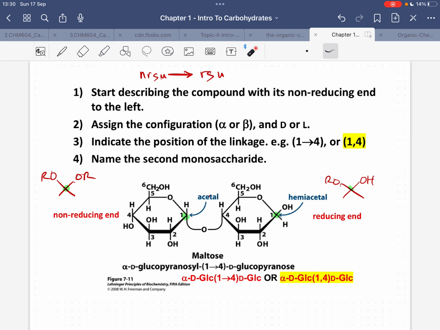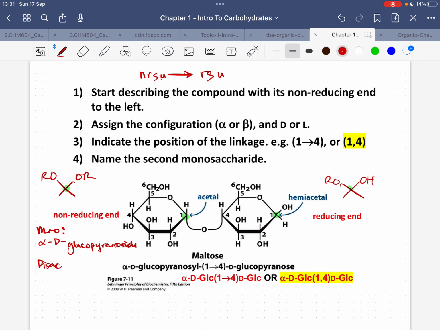So, in naming a disaccharide, there is a trivial name such as this one. This is maltose, composed of 2 glucose units. In naming, this is supposed to be alpha D-glucopyranoside. But in naming, once it is a disaccharide, this is still treated as a monosaccharide, no?